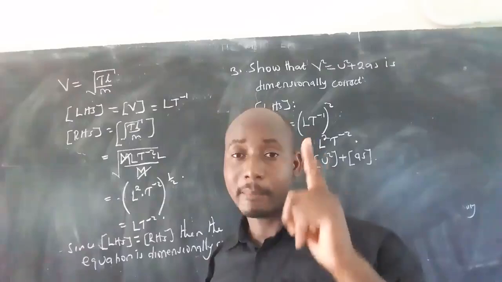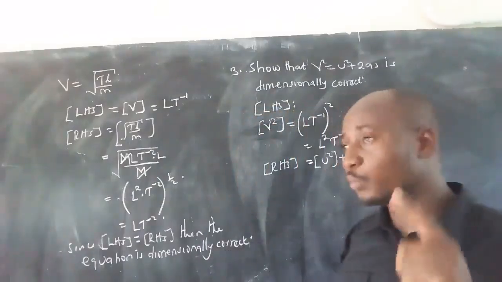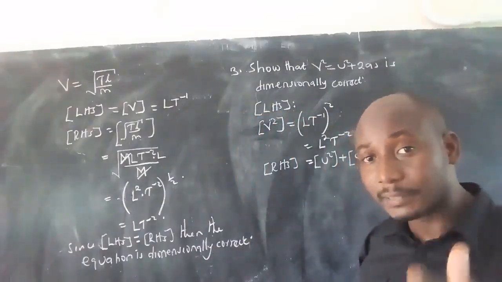You understand? The dimension of the constant is 1. So 2 is a dimensionless constant.